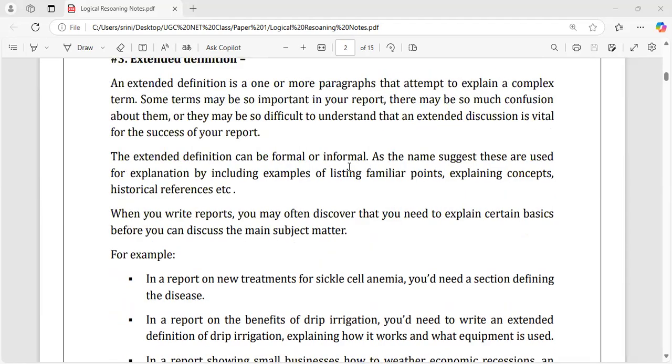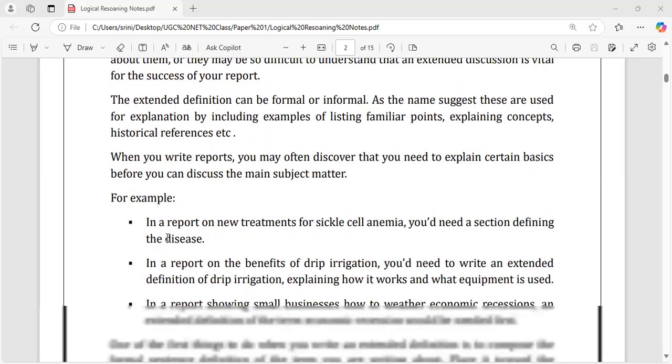So in an extended definition, what we are using is examples, and each word, each concept needs to be explained further. That is extended definition. So we have a definition, and to understand it, we are adding examples and supporting statements to make a strong definition.